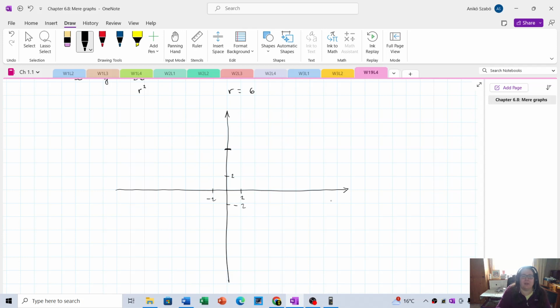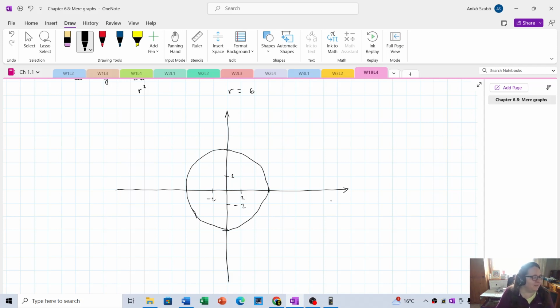So you put your compass there, the sharp pointy end you put there, you open it up so that the other end with the pencil is here, or there, or there, or there, and then just draw a circle. Unfortunately, they said construct, so we have to make it very accurate, but it will look something like that.